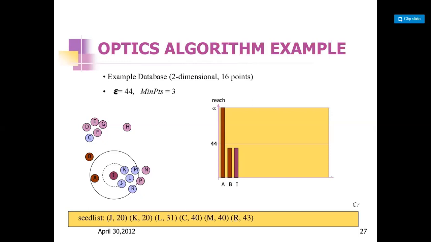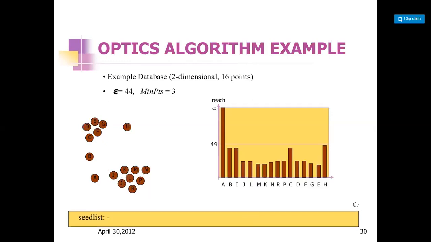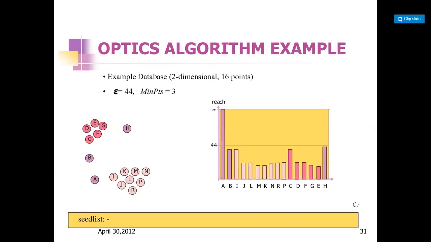This list will be processed on the basis of minimum reachability distance, and in this way we cover all the elements in the list. The distance is marked by the bar length, and in this way we get a complete bar.